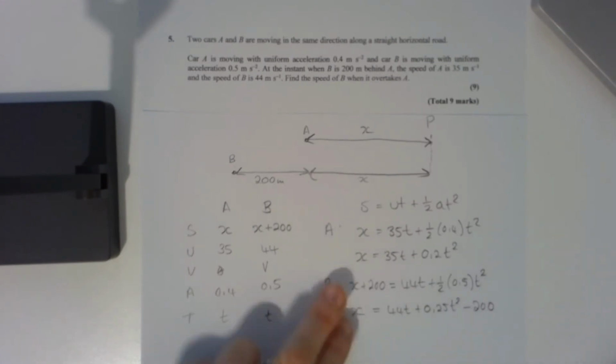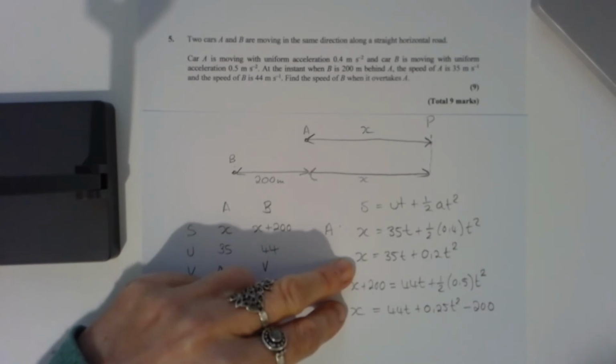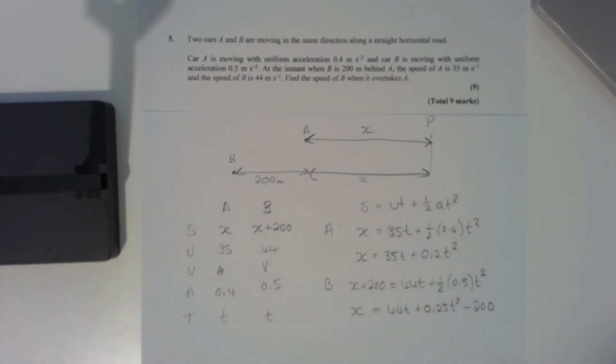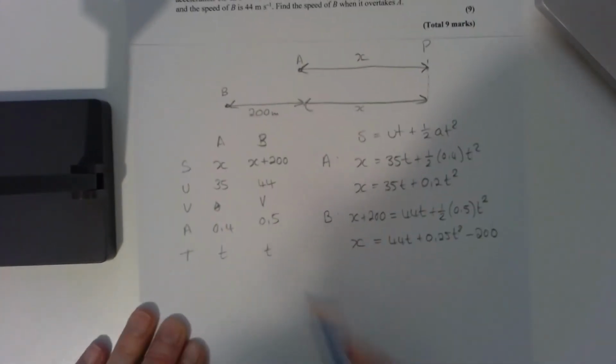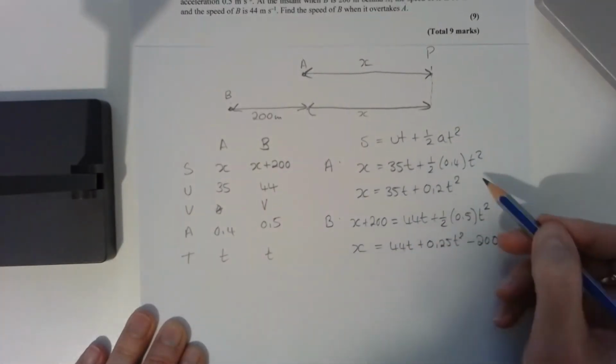So now I can equate A and B to eliminate x and find a value for t. I wouldn't be able to do it the other way around because I've got t and t squared, so I wouldn't be able to eliminate t. Okay, so I'm going to make an equation equating these two.